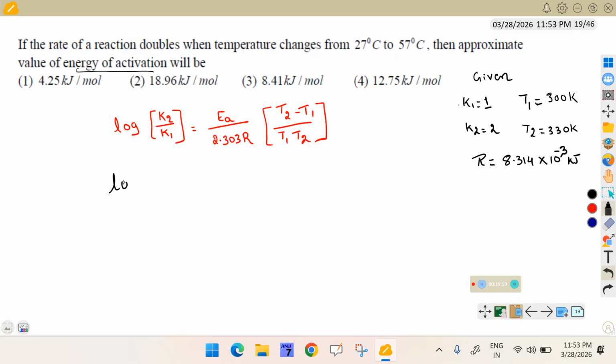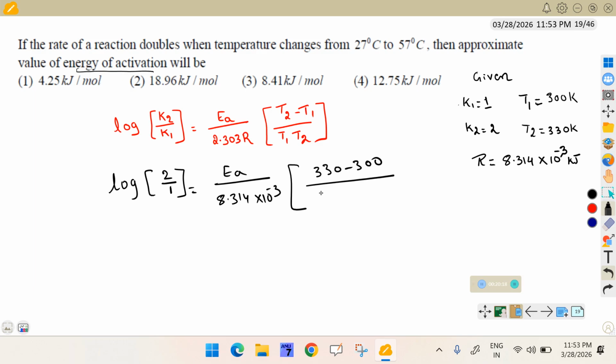Log K2 by K1, that is log 2, is equal to Ea by 8.314 into 10 power minus 3, times T2 minus T1, 330 minus 300, by 330 into 300.